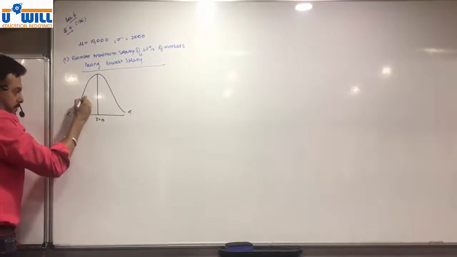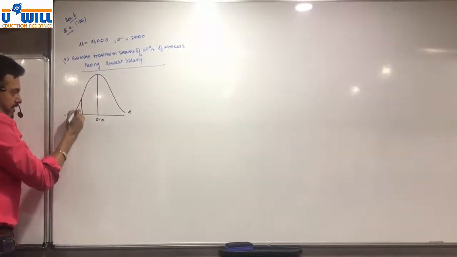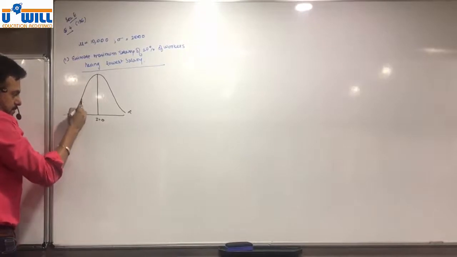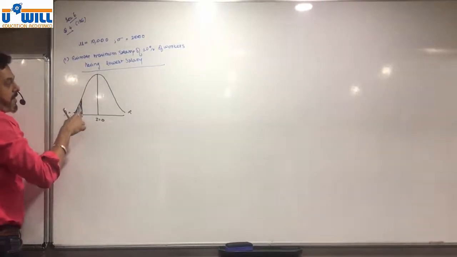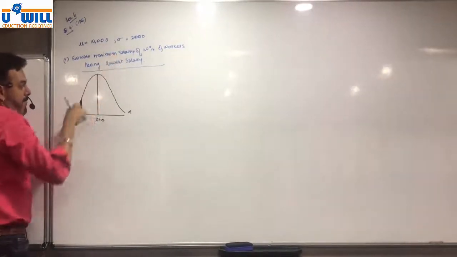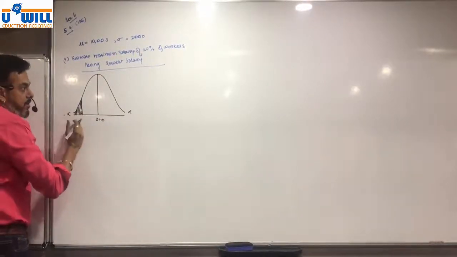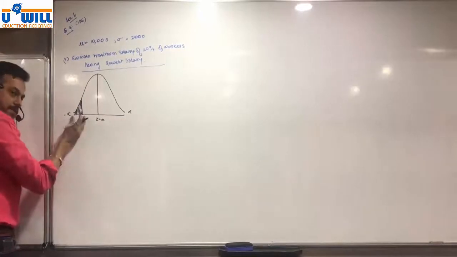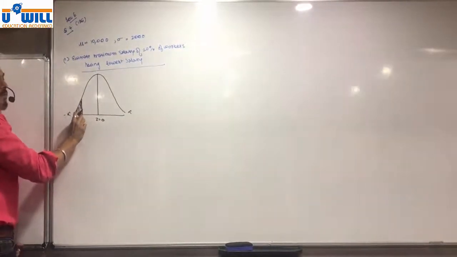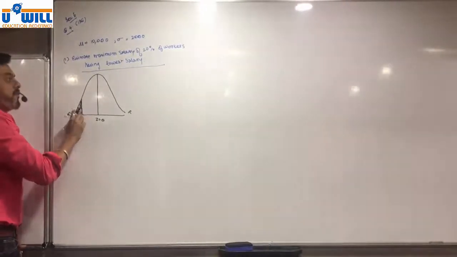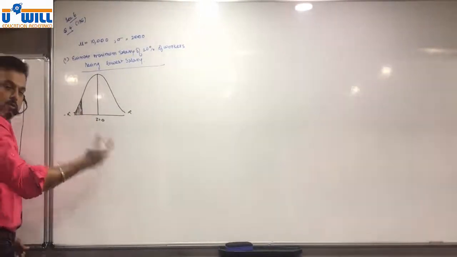So among those 20% workers who have the lowest salary, what is the maximum salary? So if I arrange the workers in order of salary, 20% of workers having the lowest salary, what is the maximum salary a person gets amongst those 20% of the workers?